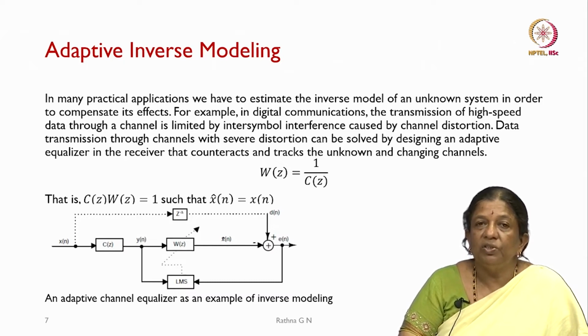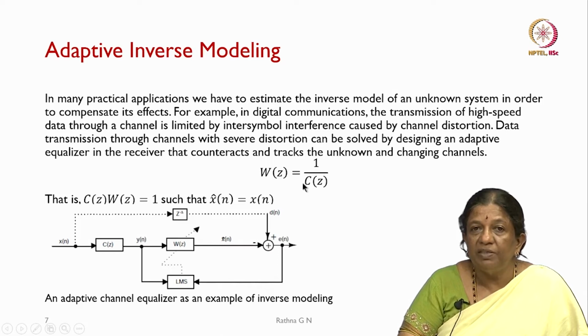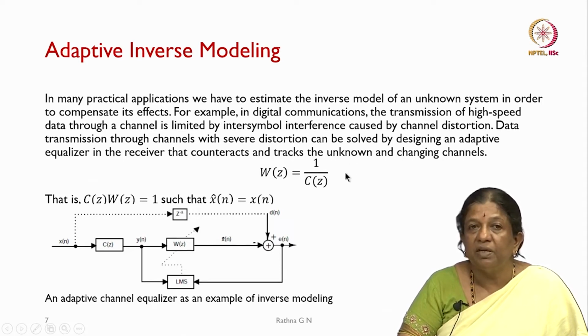One must be wondering how the inverse filter is going to be designed. You should have what we call a minimum order filter. All the poles and zeros of the input filter should be inside the unit circle, so that when we design the filter 1 by C of z, the zeros and poles get interchanged, and they should not go out of the unit circle.